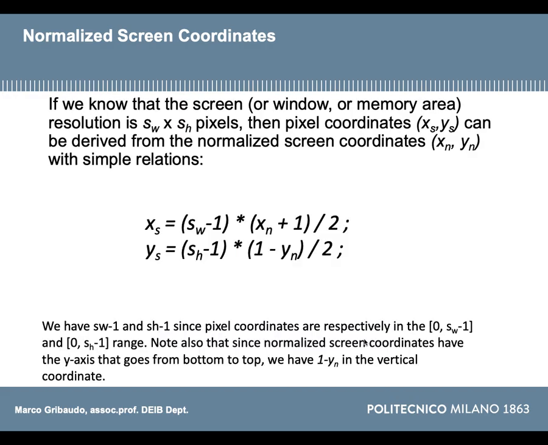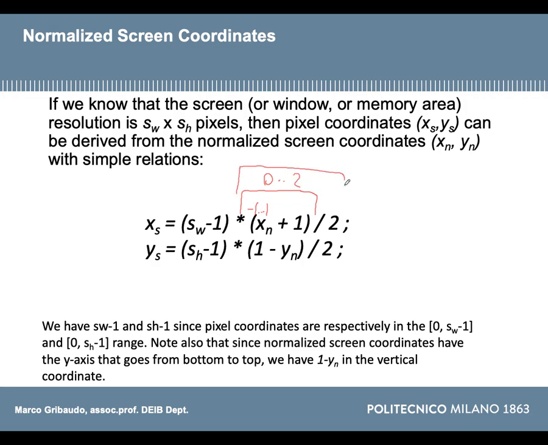Okay? The conversion from normalized screen coordinates to the hardware coordinates is very simple. As we have said, the normalized screen coordinates go between -1 and +1. If we add 1, since x is from -1 to +1, once we add +1, this will go from 0 to 2.